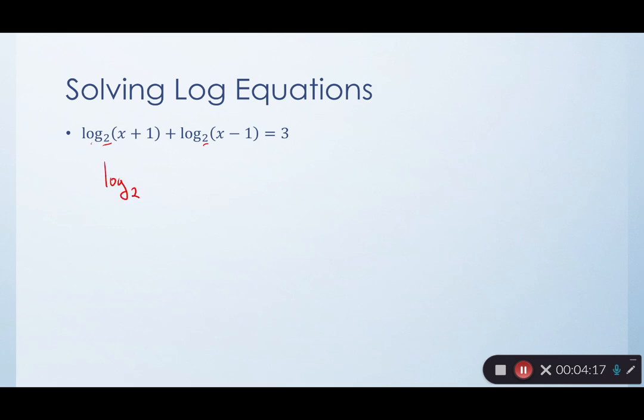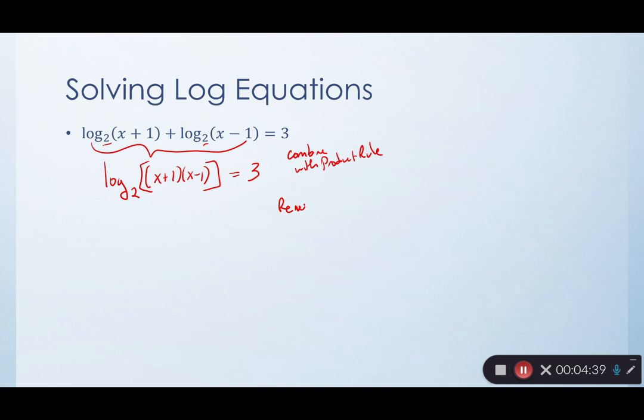So we can say that these two together would be the log of the product, x plus 1 times x minus 1, and that's equal to 3. So we combine with the product rule, and then we're going to rewrite as an exponential. So 2 to the output equals the argument, x plus 1 times x minus 1.